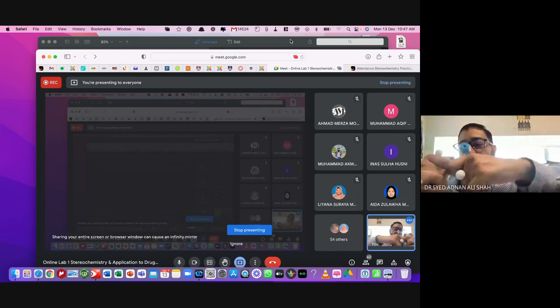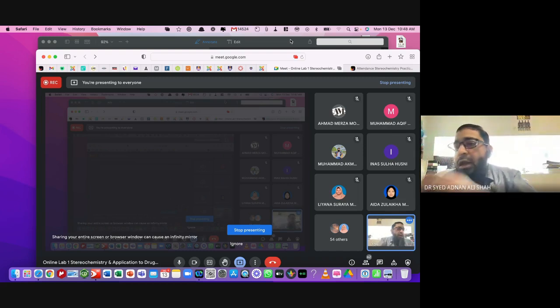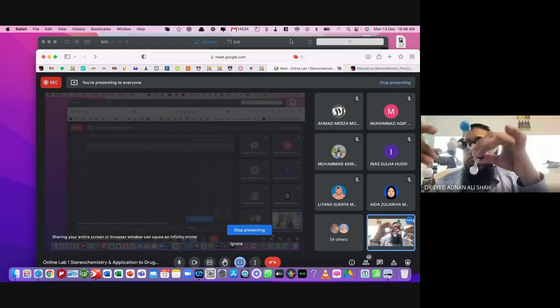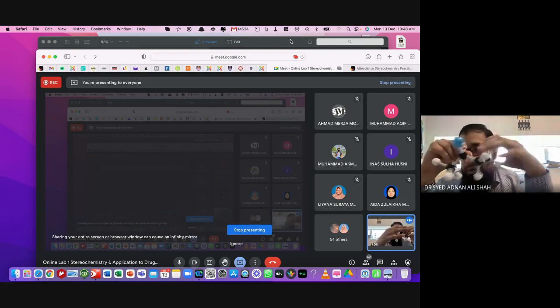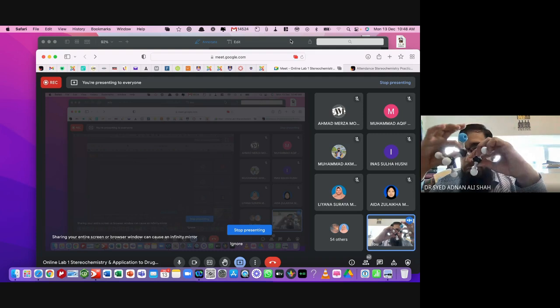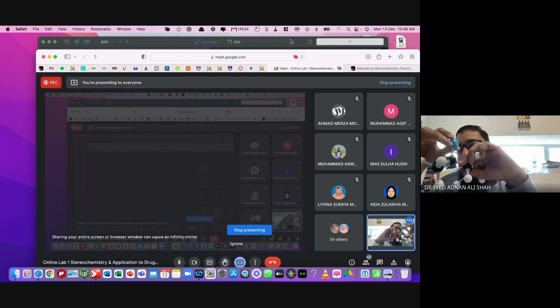So I construct this like this, and then like this. This is how we have to break the bond, right? Then you can see hydrogen is at the back, and you have this one from your side.